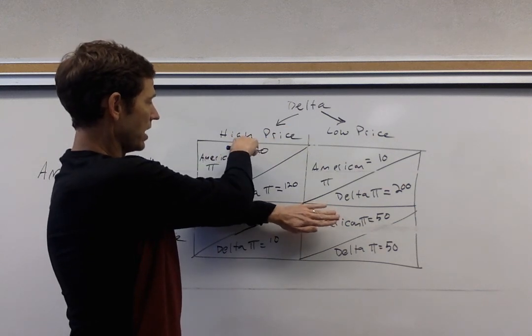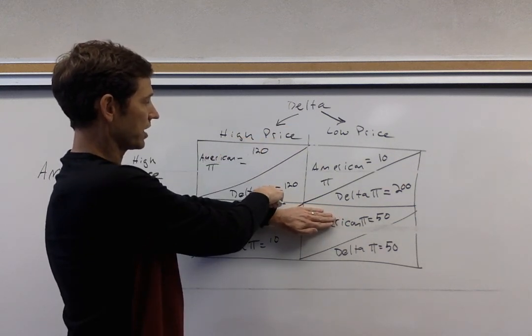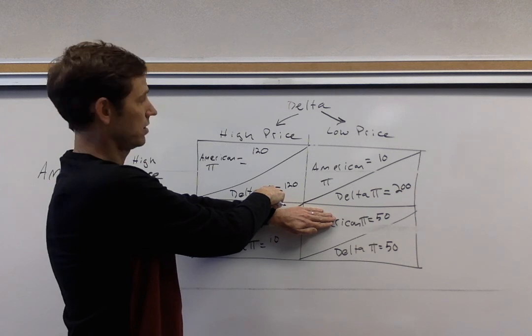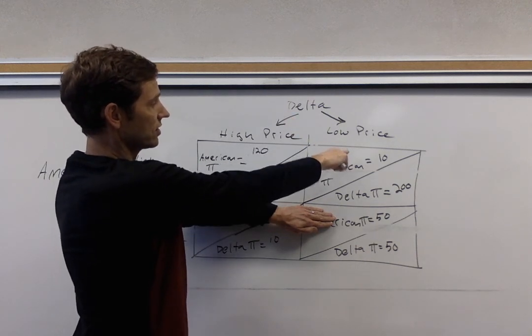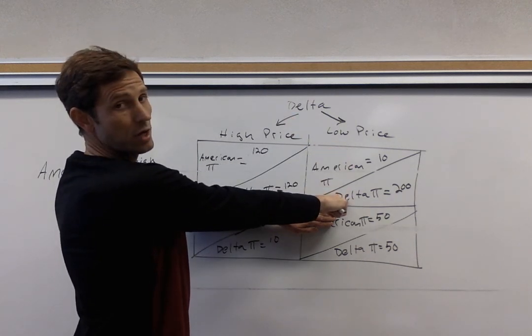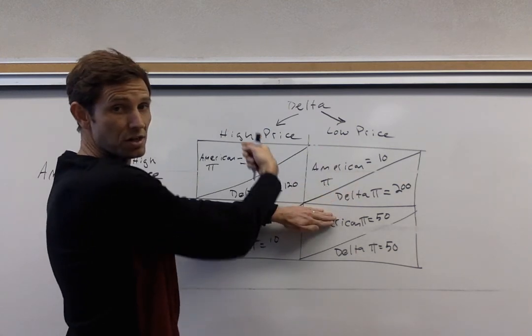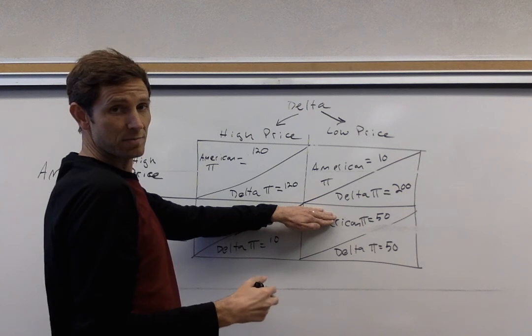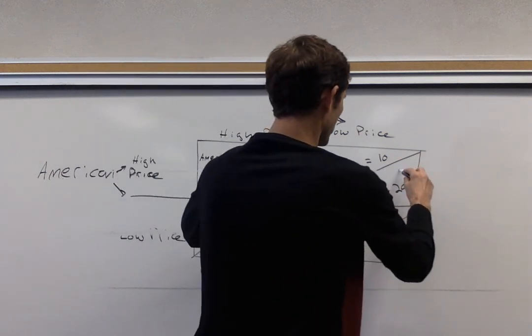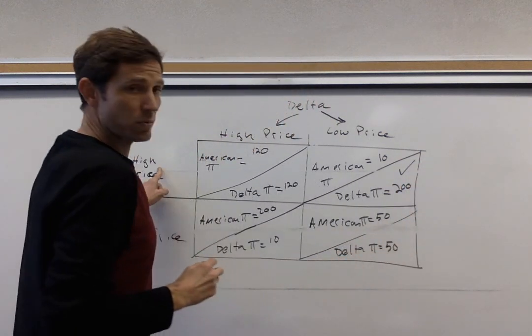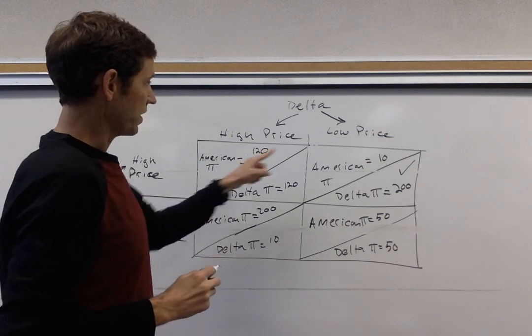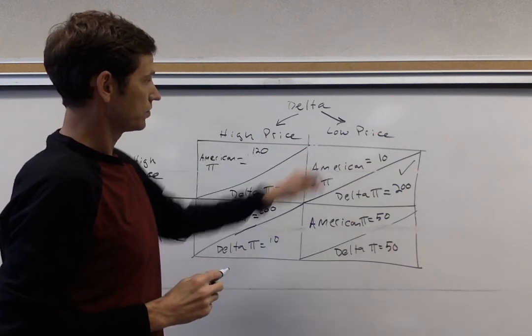Delta can either go with the high price, in which case they're going to get a profit of 120, or if they go with the low price, then they're going to get a profit of 200. That's higher, right? That should make some sense. They've charged a low price, their competition has charged a high price, they're going to be able to get lots of profit in that case. So in the event then that American has gone with the high price, Delta's best choice is to go low.